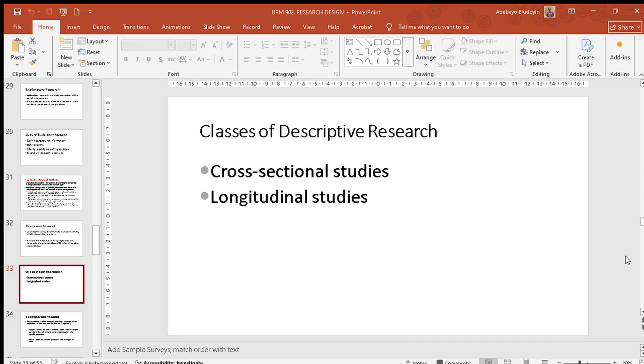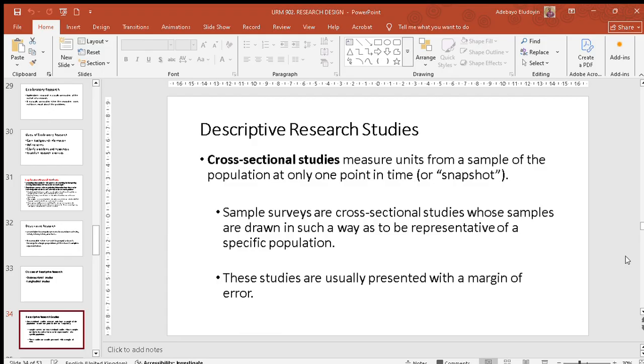And then research can be seen in two perspectives, either as cross-sectional research or longitudinal research. If it is cross-sectional research, we are focusing on a sample of population at one point in time. Just like saying you are having a snapshot of a particular situation.